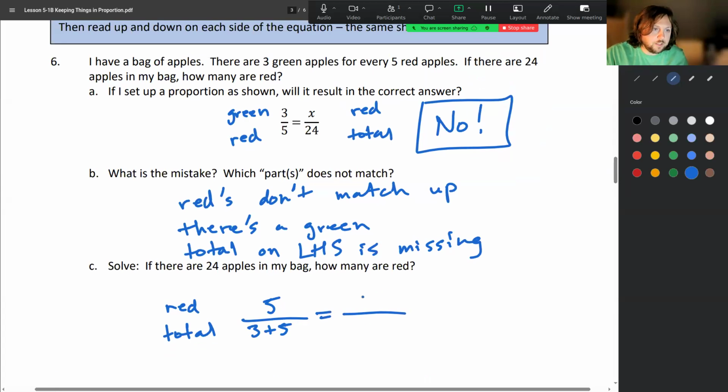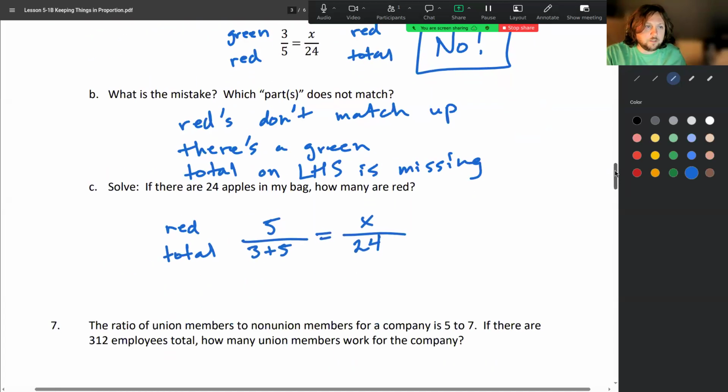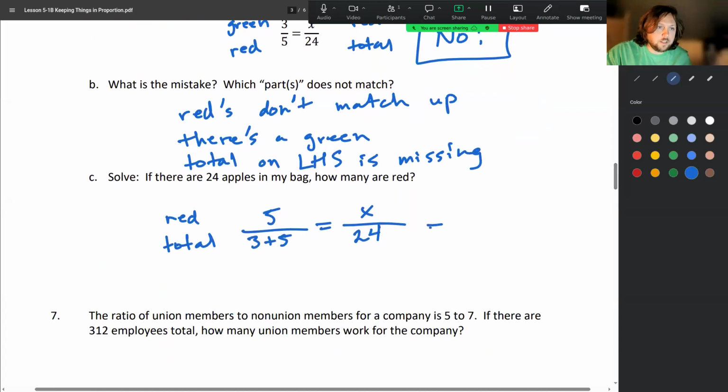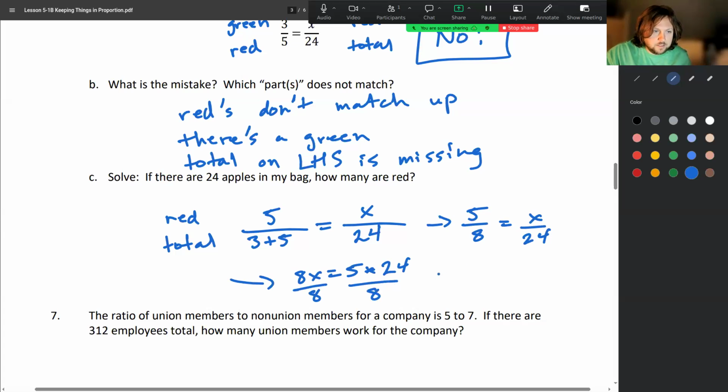And then we're trying to find the total red in the bag, and we know that the total in the bag is 24, of green and red. So then this becomes 5/8 equals x over 24. So then when we cross multiply that, so we have 8x equals 5 times 24, divide by 8 on each side. So I get x equals 15.